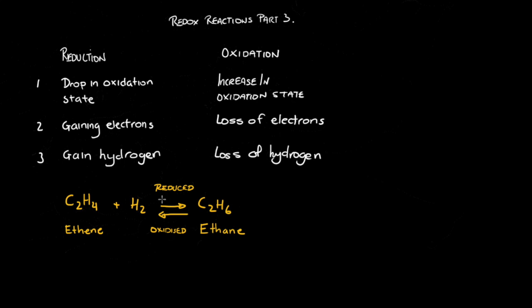Well, in fact, we're still using electrons. They're just hidden amongst the hydrogen atoms. So this molecule is not just gaining 2 hydrogen atoms, it's actually gaining the 2 electrons within those 2 hydrogen atoms to become reduced. Equally, when we look at ethane on the right, it's not just losing 2 hydrogen atoms, it's also losing the 2 electrons that come with those 2 hydrogen atoms to become ethene. So in essence, it's being oxidized.